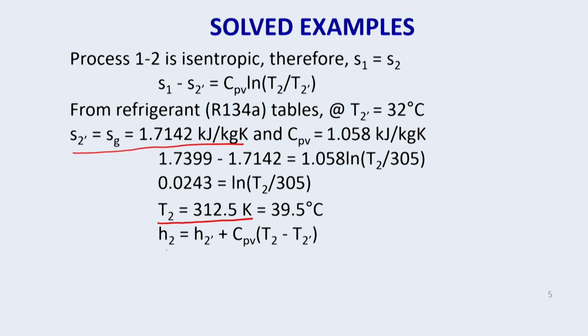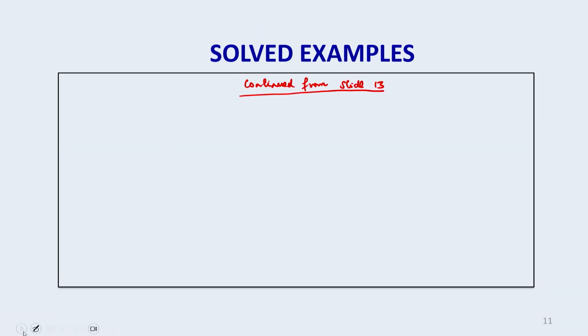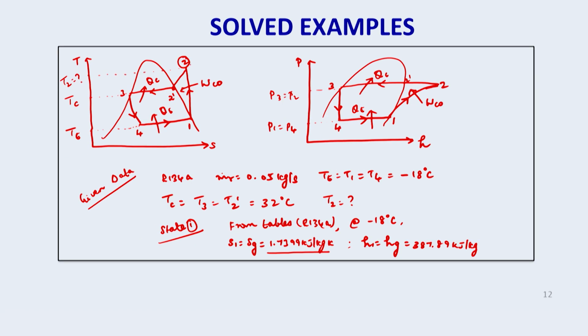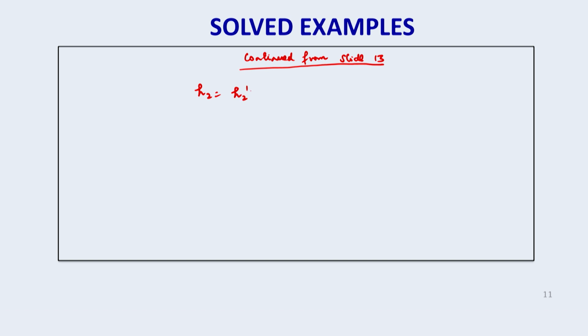So superheated enthalpy is equal to saturated enthalpy plus Cp of vapor, because the condition of refrigerant is vapor, into delta T. Enthalpy at 2 is equal to H2 dash plus Cp of vapor into delta T, where delta T is T2 minus T2 dash.